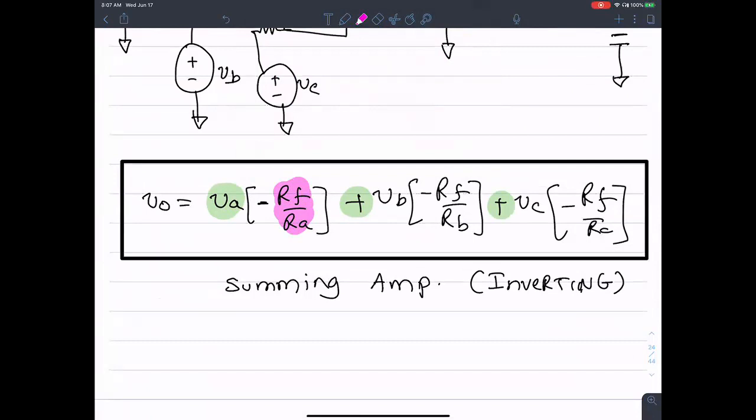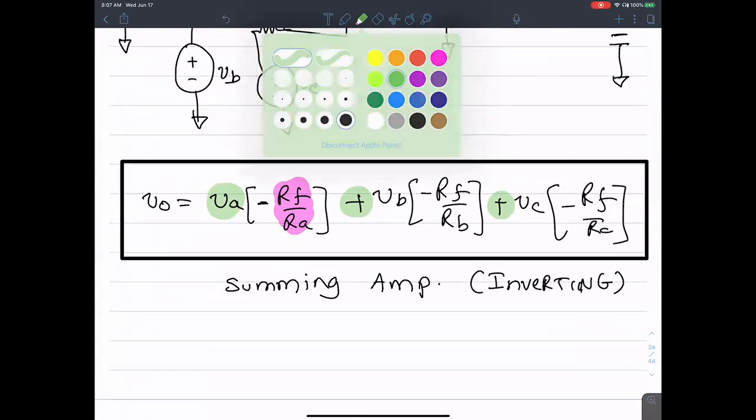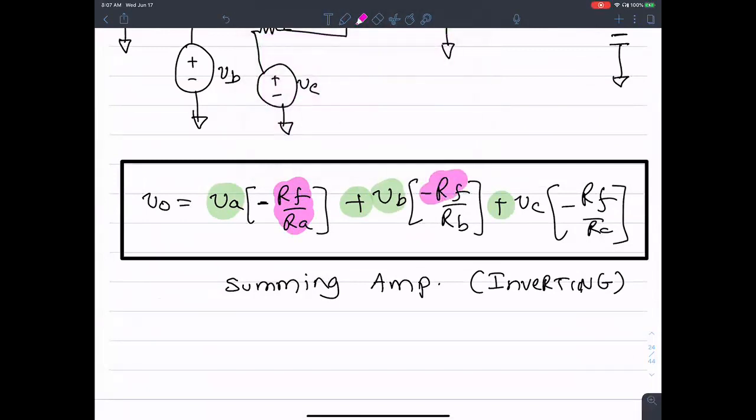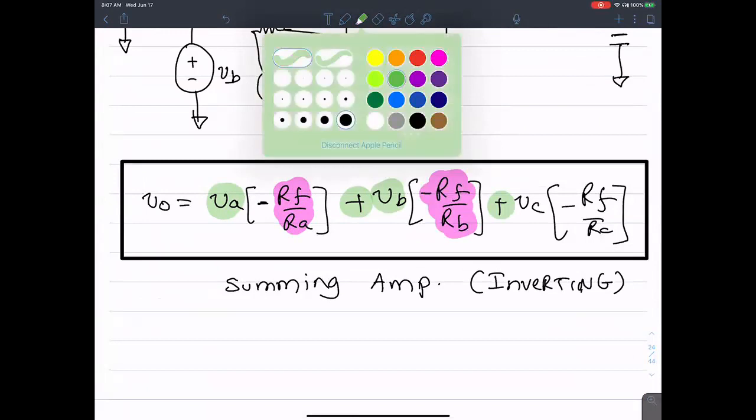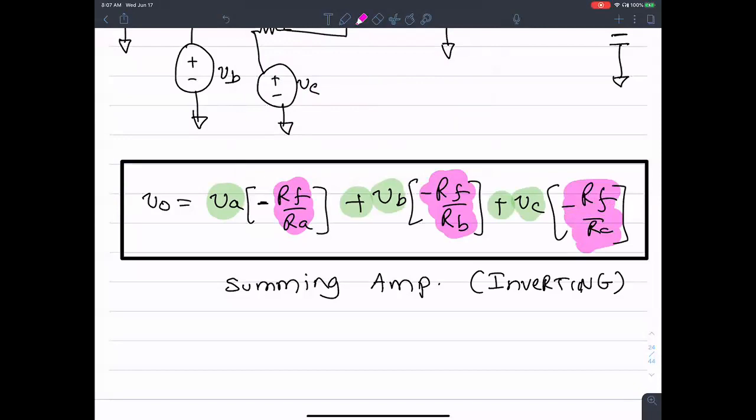VA is multiplied by gain A, the input VB is multiplied by some other weight, gain B, and the input VC is multiplied by gain C. All of these represent the gain. So this is a weighted summing amplifier.